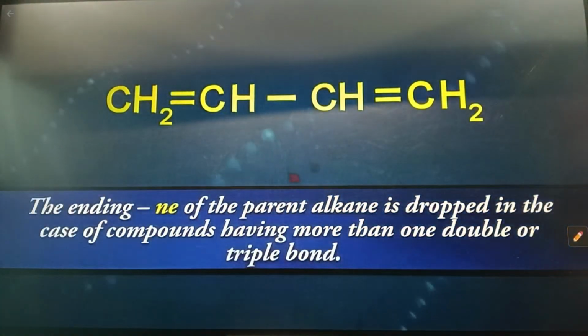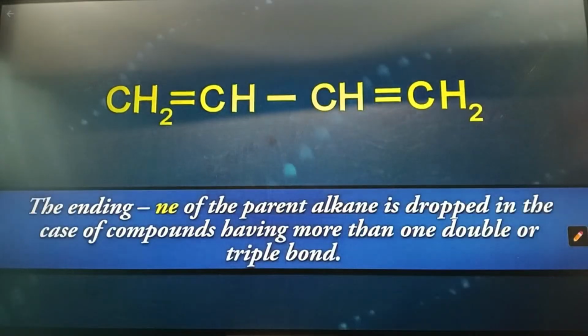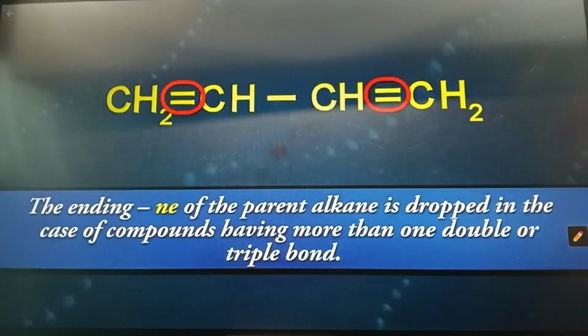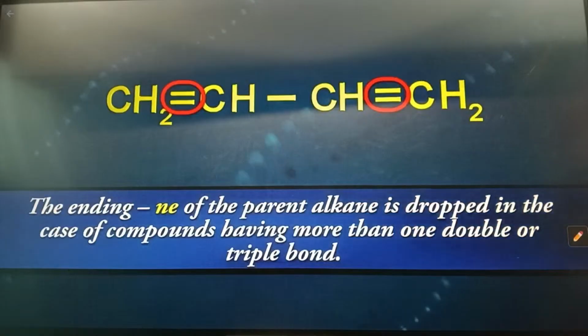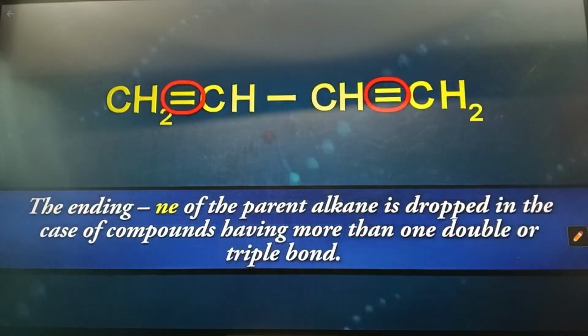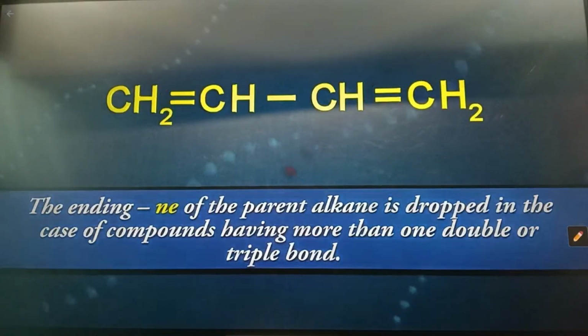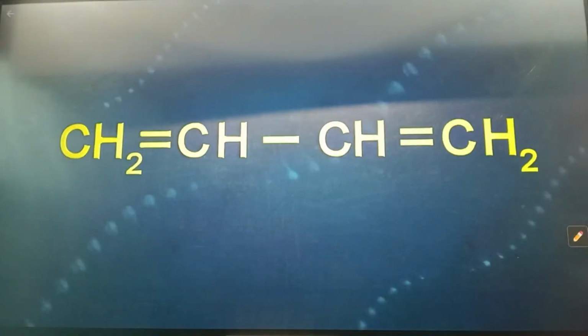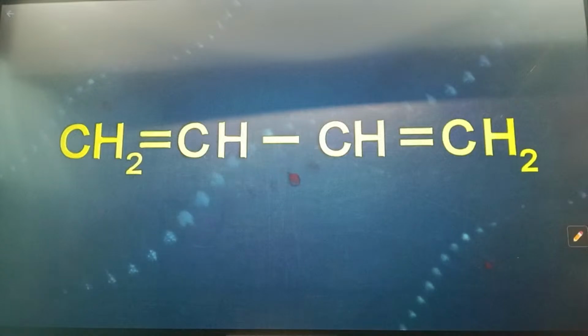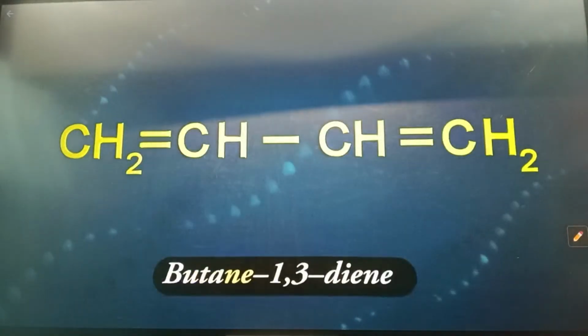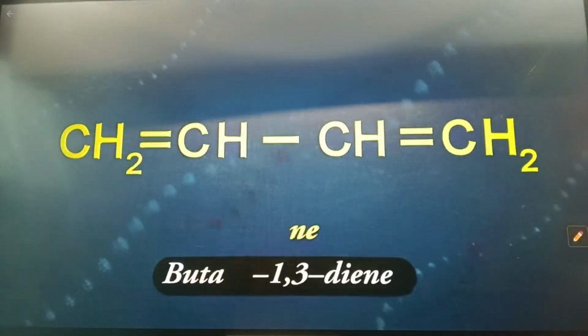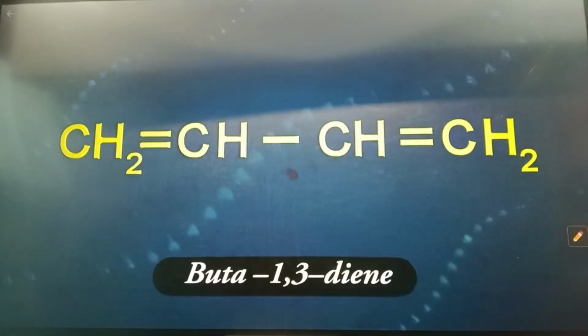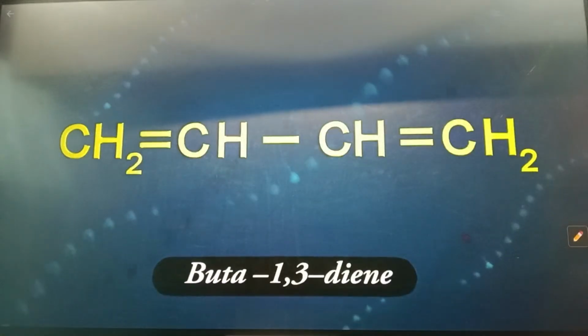However, the ending 'e' of the parent alkane is dropped in the case of compounds having more than one double or triple bond. For example, CH2=CH-CH=CH2 is named as buta-1,3-diene.